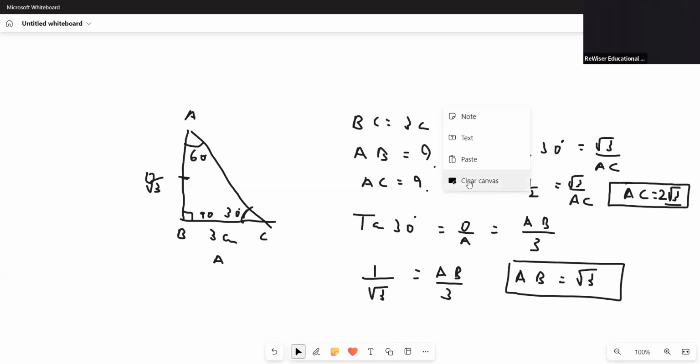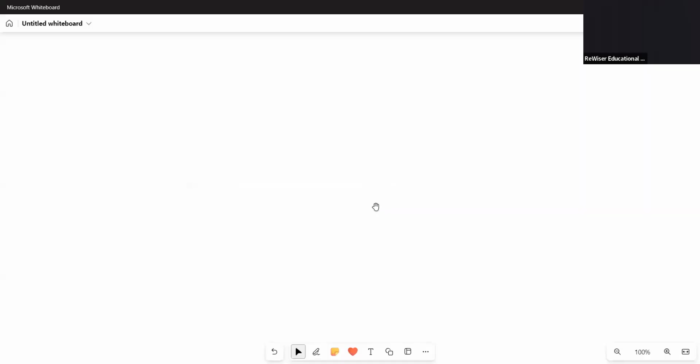Now, moving ahead to sine and cosine rule. Suppose there's any triangle, this is very important, students, please pay attention. Any triangle, right?